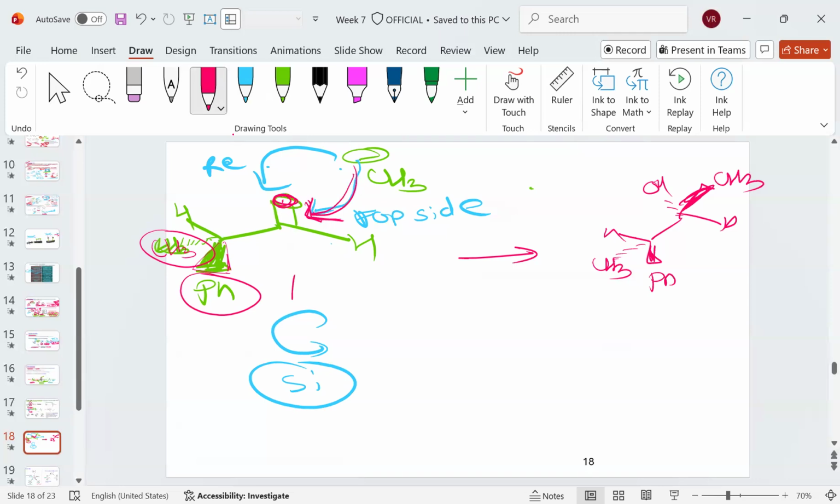If you look from the front side, the front face is the si face, the back face, obviously on the opposite, will be the re face. So the si face attack is major.